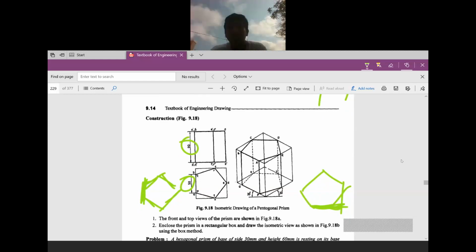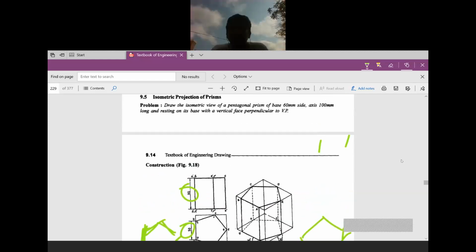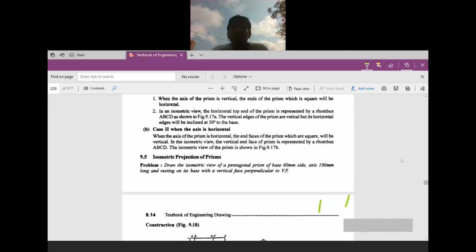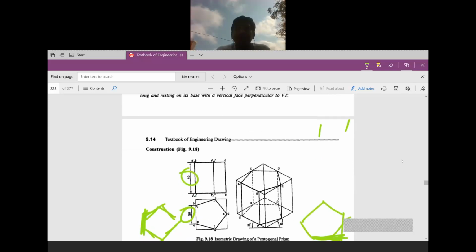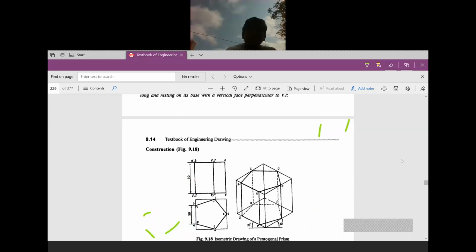If you consider the vertical face perpendicular to VP, when you consider the pentagon, you can draw the pentagon in two ways.